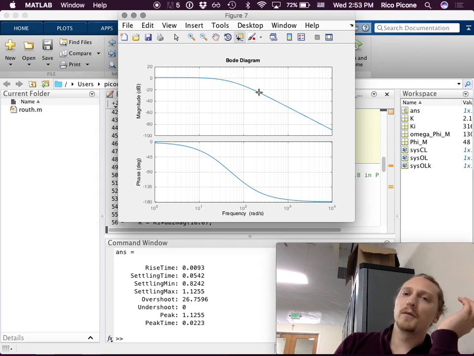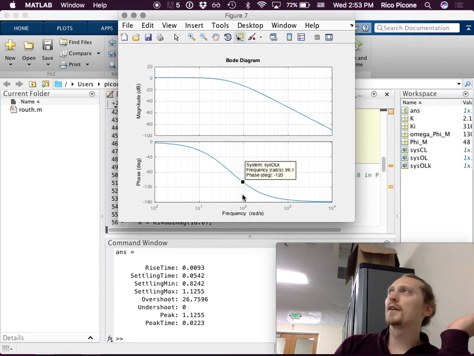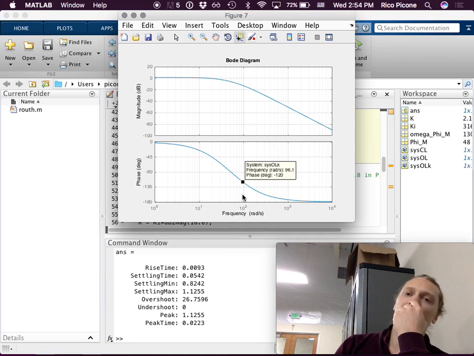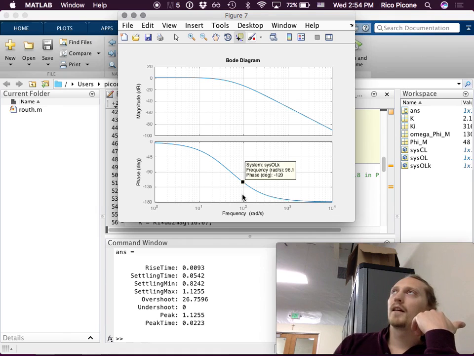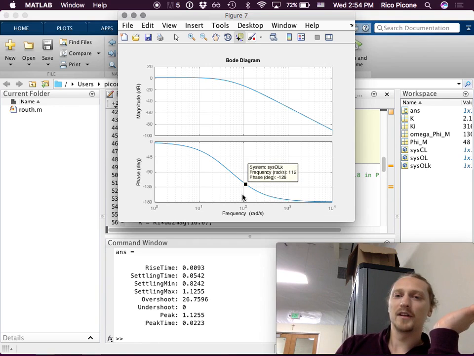Okay, so if we wanted 55 degrees, we were going to move to the left here, right? Because 55 degrees is going to mean we want a 125 degrees here, so approximately there, right?